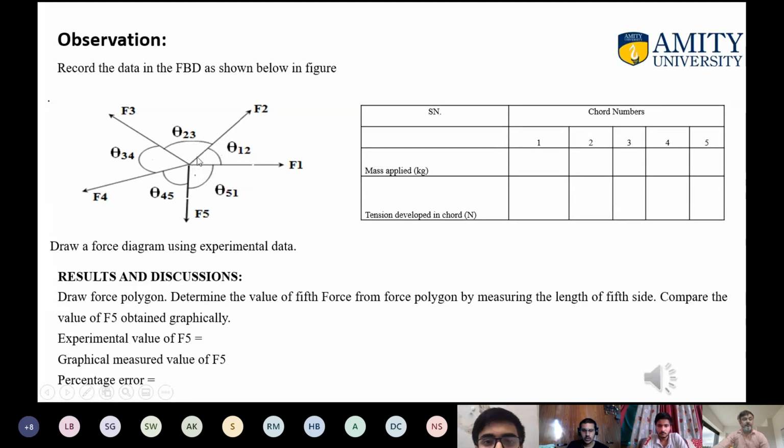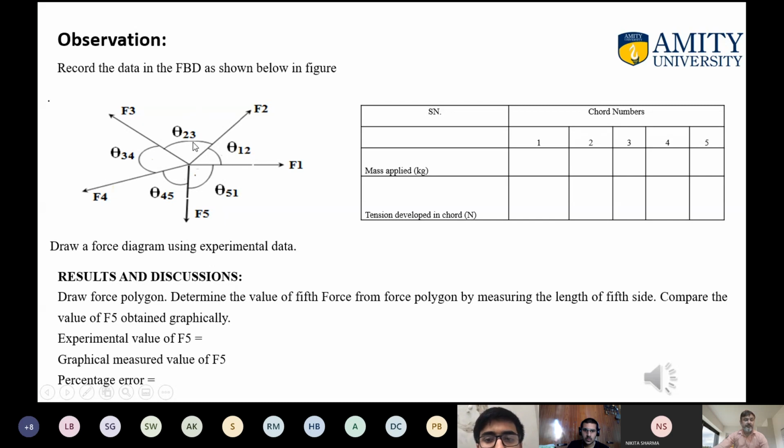If these are the forces on this center table, F1 and F2, we fix the value of F1 at 0 degree, and F2 at an angle of theta 1,2.